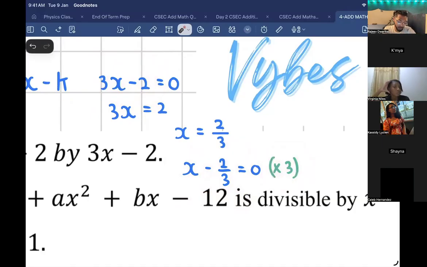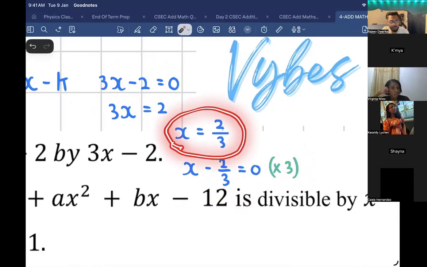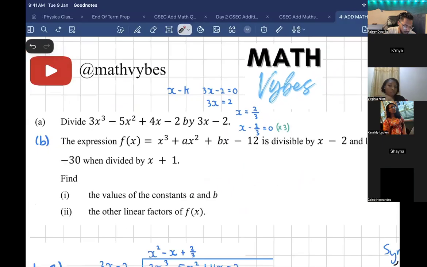But to figure out where it was going to plug in, you actually had to do what? How did we get 2 over 3? At some point, we divided by 3. And that's why I suspect that's happening.